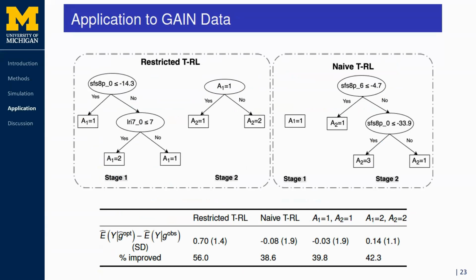With the restricted tree-based reinforcement learning, we found that the baseline substance frequency scale is very important to determine what initial treatment you should go with. And then later on, the other one is the environment, the living risk factor. This is a living risk index. That is also an important factor to tailor your treatment.